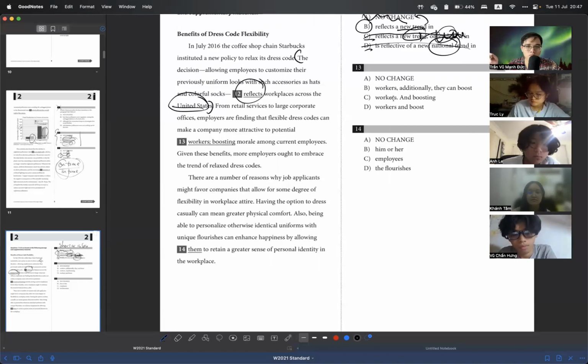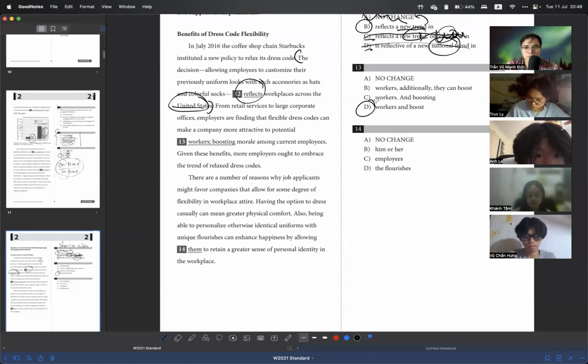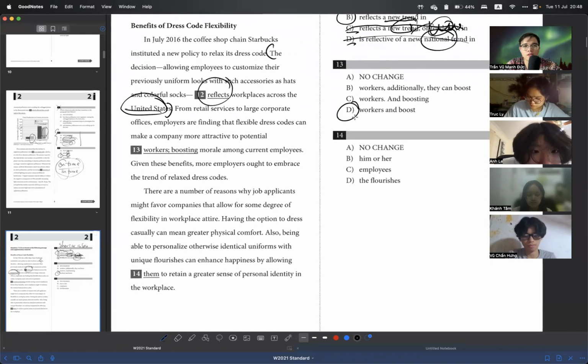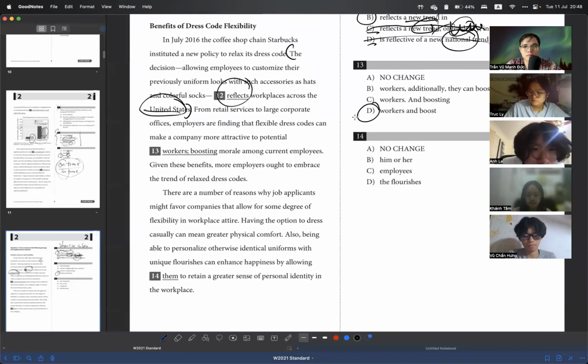Why is A wrong? Let me zoom in a bit. Why is A wrong?